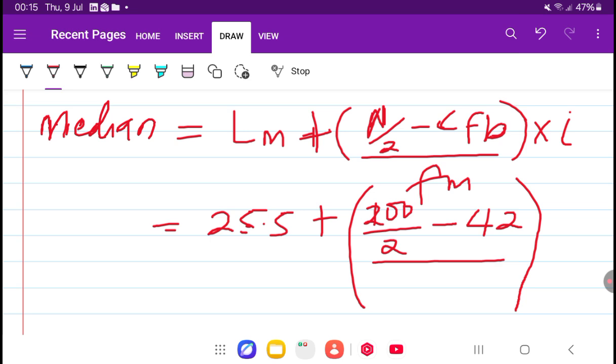Then we divide by the frequency of the median class, which was 82, times our class interval. This was 3.